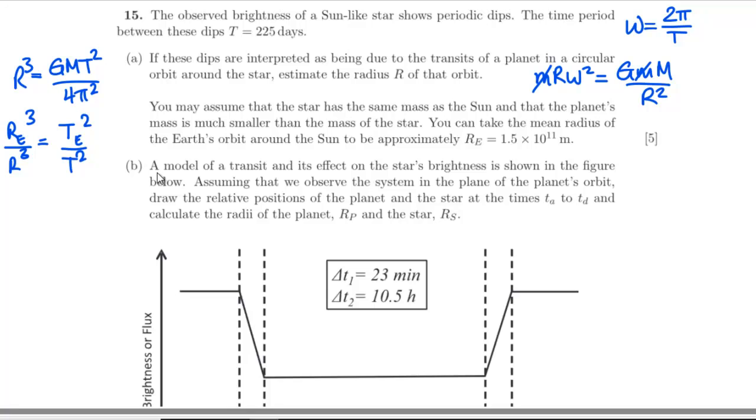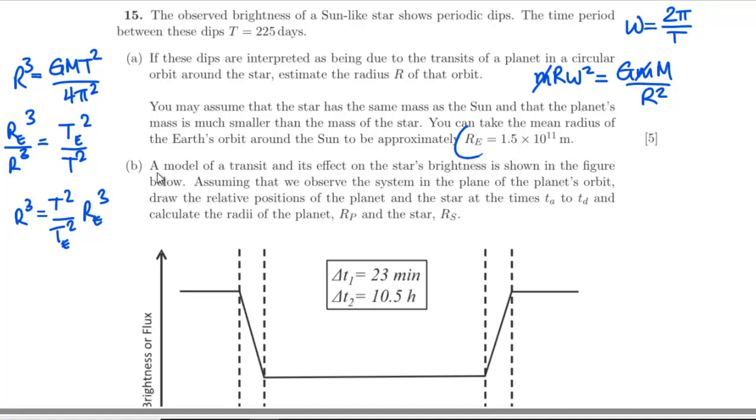So really, this is just Kepler's third law, but I've worked it out at the beginning. We want to get r cubed, so r cubed is going to be equal to T squared over T Earth squared multiplied by r Earth cubed.